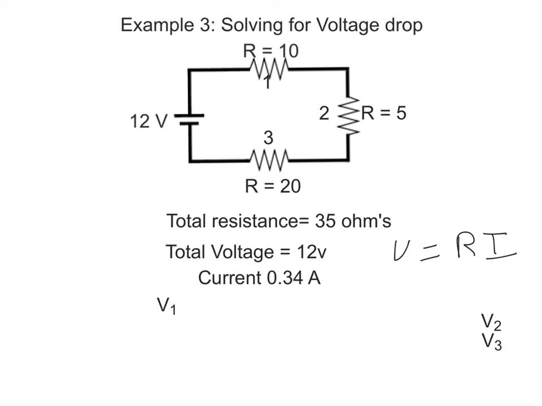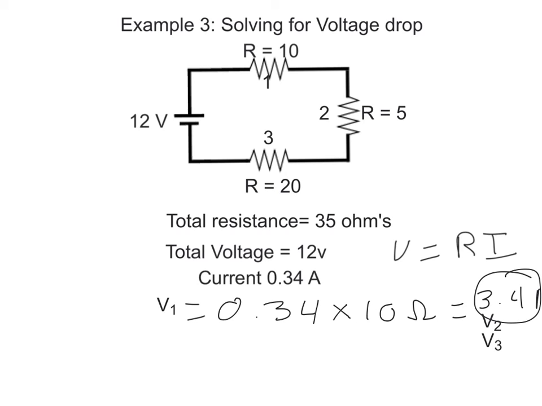So my voltage across 1 is going to be my current, which I calculated from before as 0.34. And I'm going to multiply it by the resistance of my first one, which is 10 ohms. So then what I get is a voltage for just across 1 of 3.4 volts.